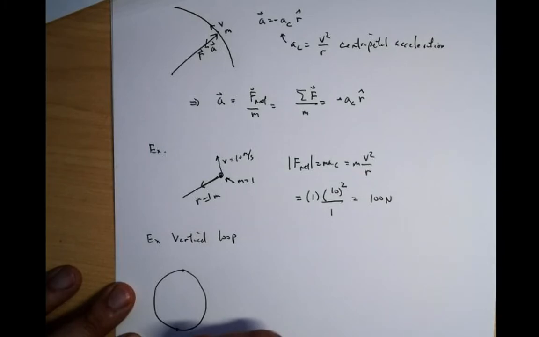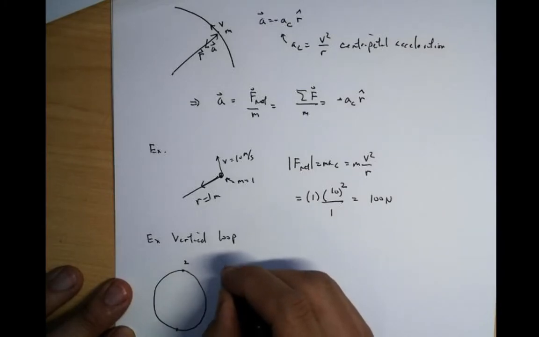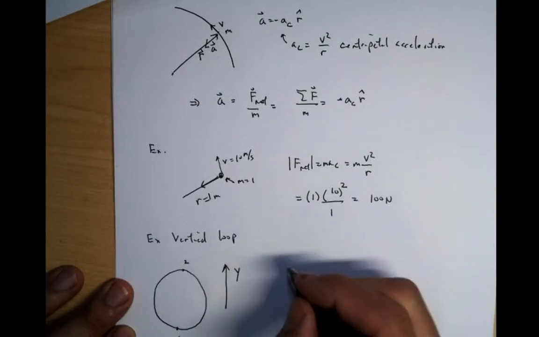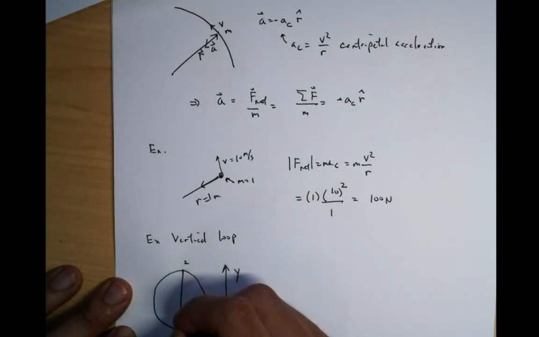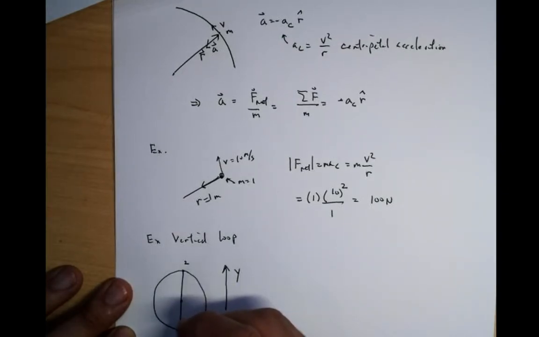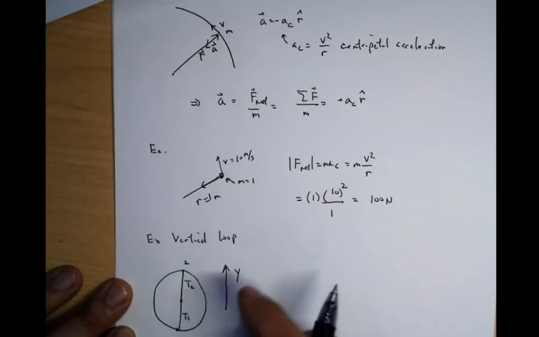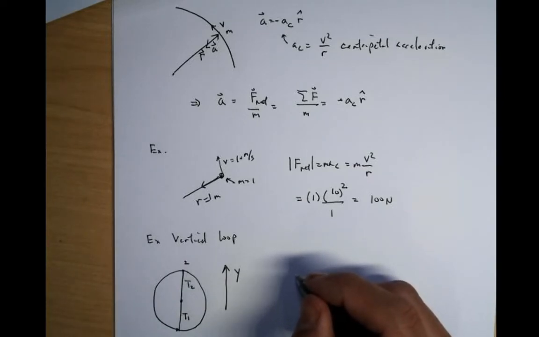The bottom of the circle we'll call position 1, the top of the circle we'll call position 2. For this purpose, we only need one axis, so I'll call this the y-axis. There's a string holding this ball, so at the end of the string there's one tension here, another tension there.